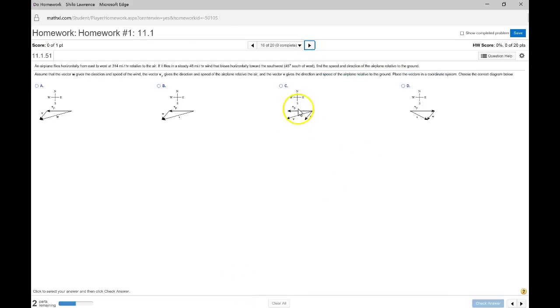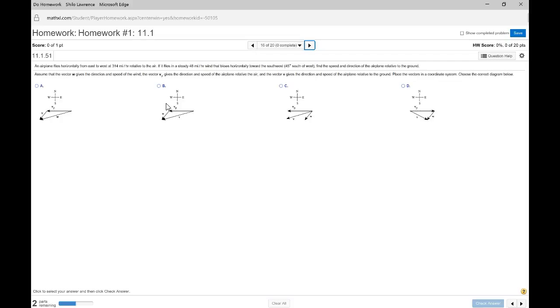This one kind of looks like that, but they're doing it with the parallelogram method. If you look at A and B, the triangles are exactly the same, but there is a difference in A and B. And it's hard to see the labeling exactly. So they said they want W to be the wind, they want V sub P to be the airplane, and they want V to be the actual direction the plane ends up going in relation to the ground.